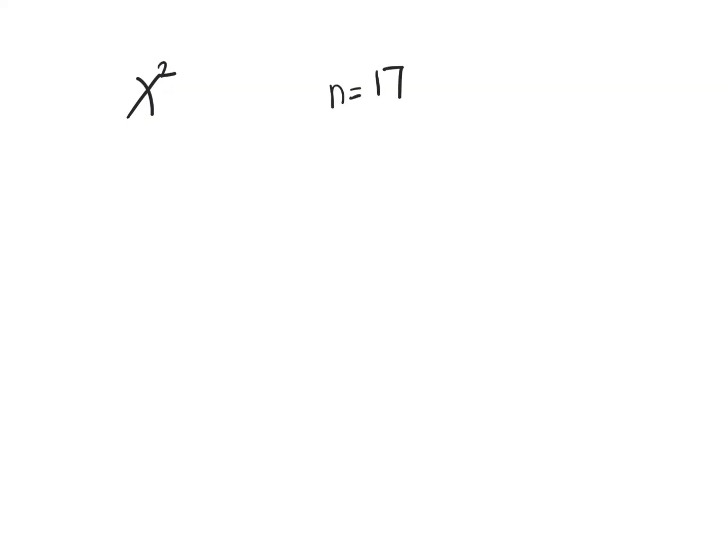And I want to know what's the probability that, I'll call it just little u for now, in this chi-square distribution is greater than or equal to 10.